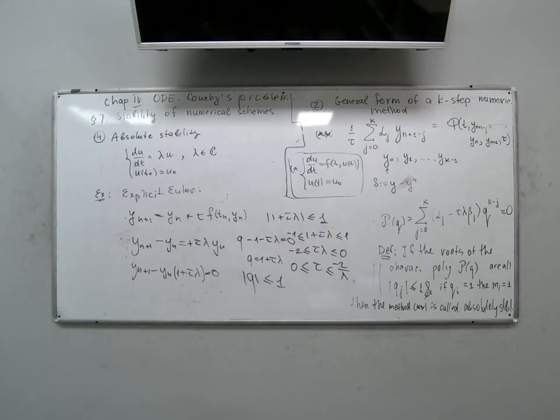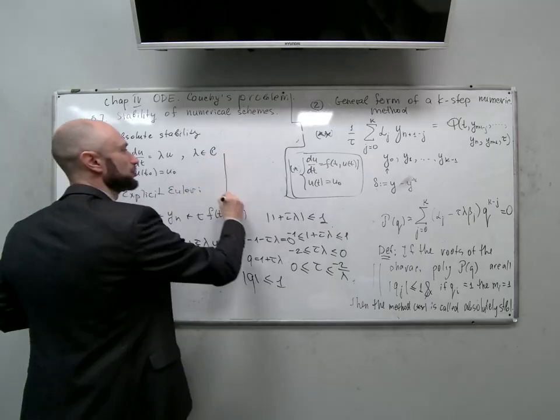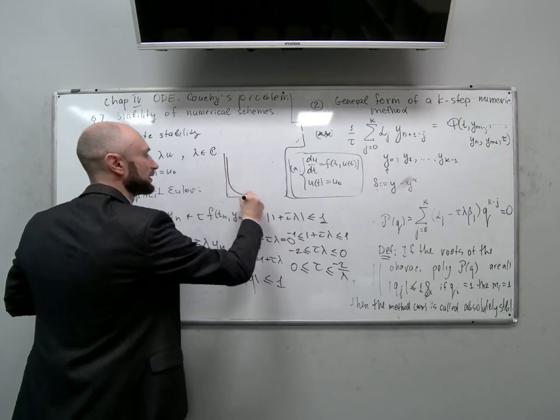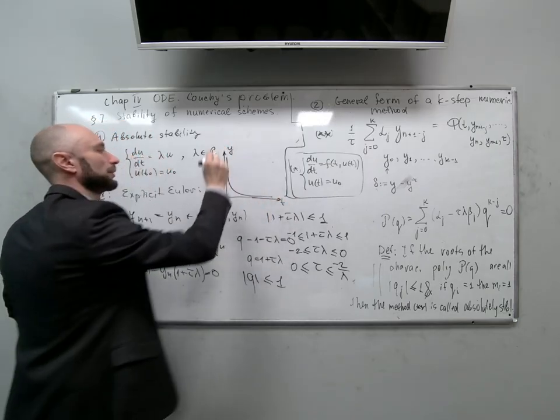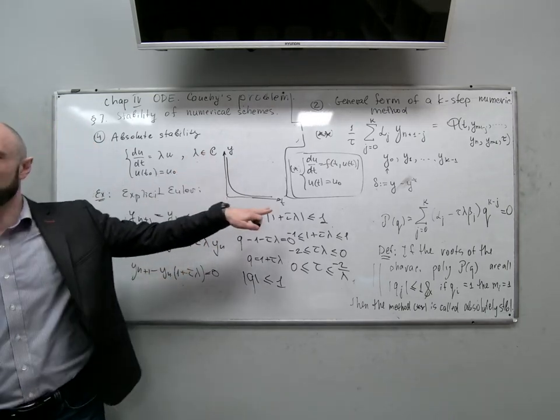But what does it mean that lambda is a large negative number? It means that the solution looks like this. So it tends to 0 very quickly.